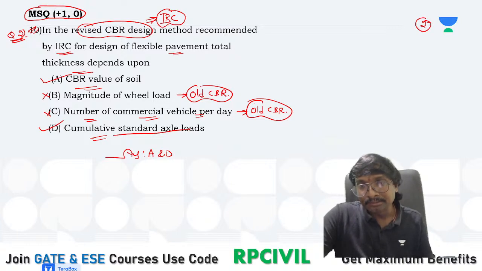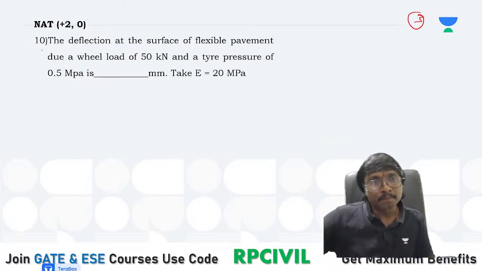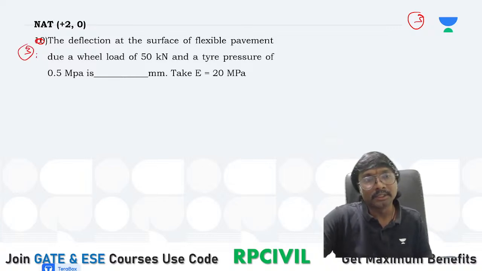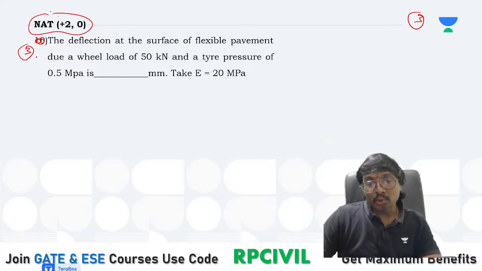Got it now? Shall we move to the next question, the third question? Right, this is your third slide. Write that answer, all of you. This numerical answer type of question may come here. Solve and write your answer there, everyone.